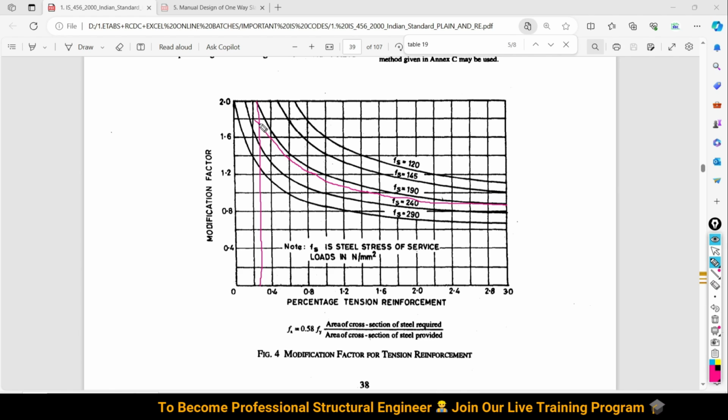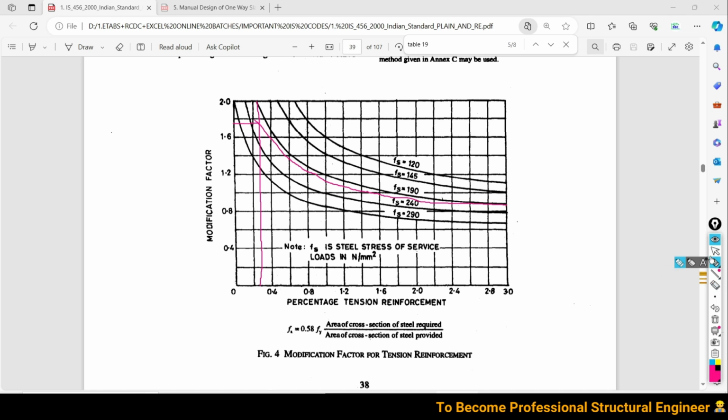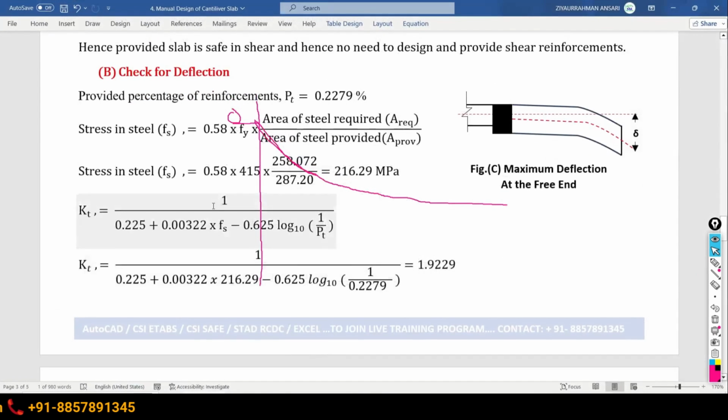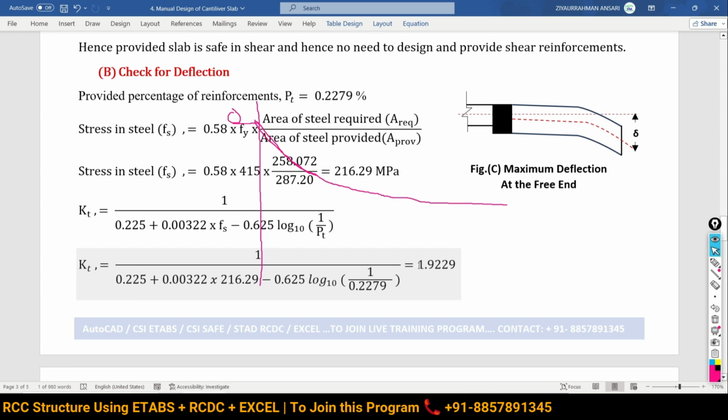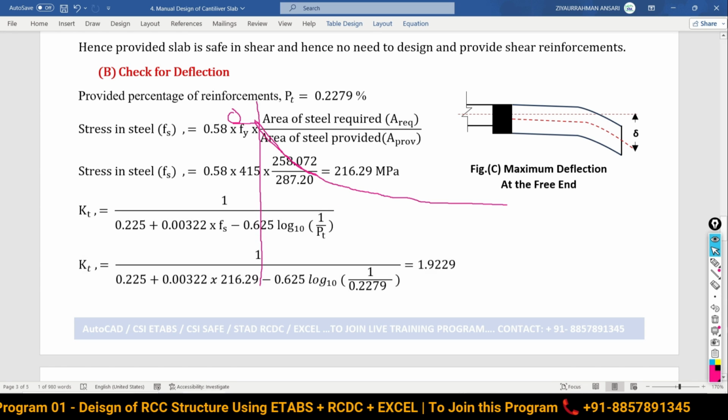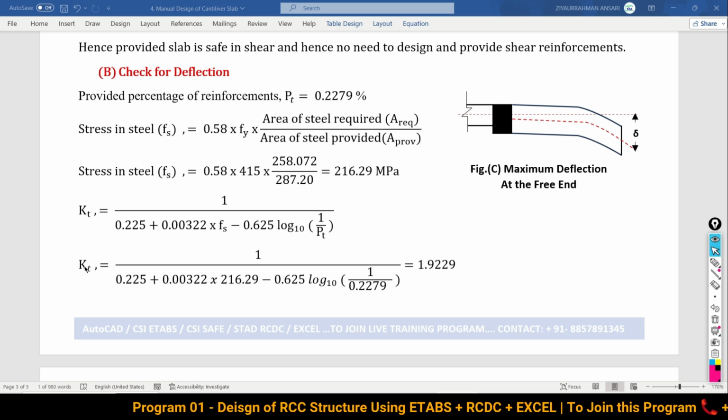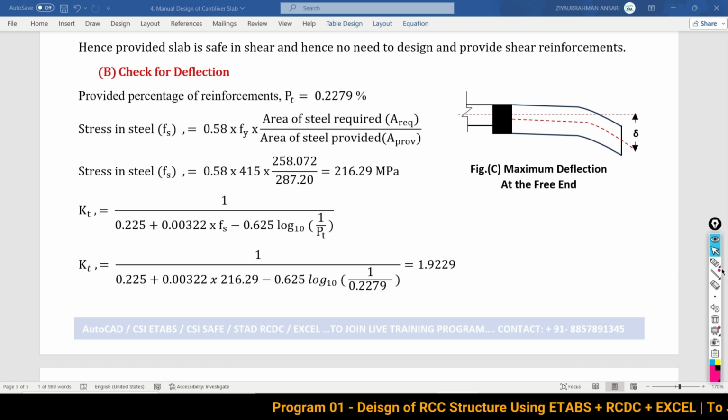Somewhere here we can project it. So more than 1.6 it will be, like this. So 1.8 something. By the formula we got 1.9, and by the chart we are getting 1.8, while by the actual formula we got 1.922. So we are going to follow the value from the formula, 1.9229.